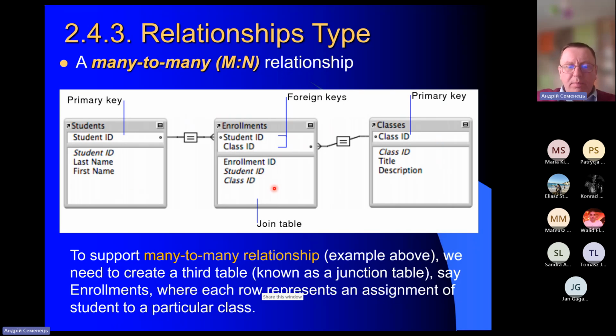Here is an example of how it could be. Just to depict the relationship between students and classes, we need enrollments. So we have students on the left side, classes at the right side, and teachers even further right. Here we have two enrollments, where students are assigned to a particular class for a particular specialty and department.